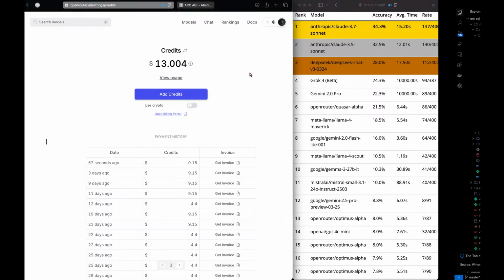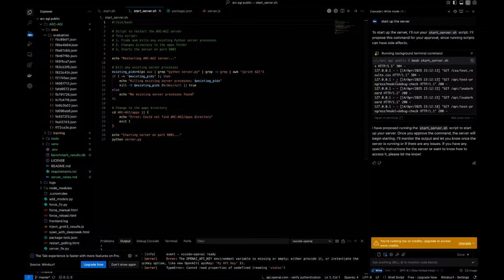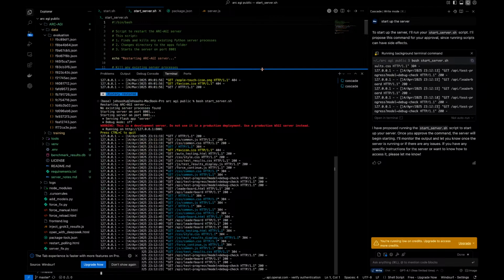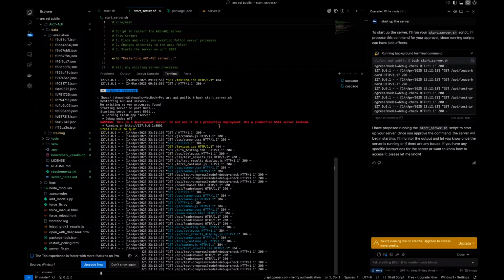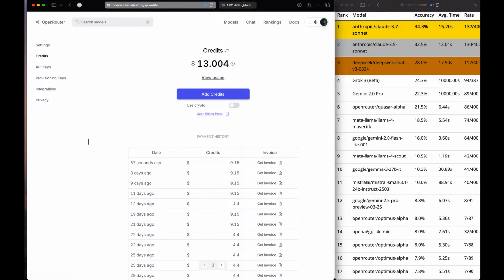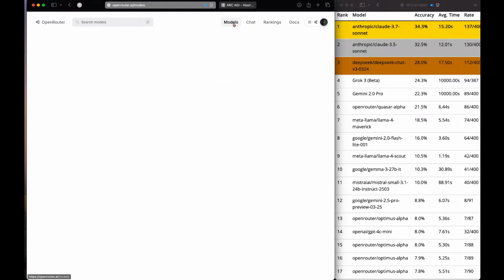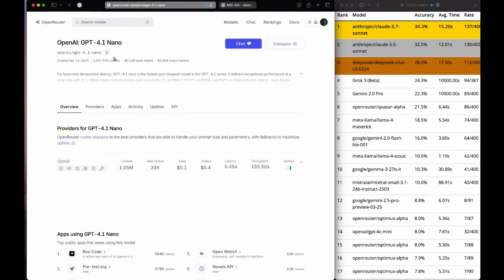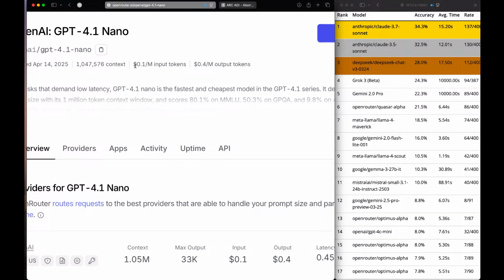Okay, the process is running. Let's open it up in terminal, and as you can see, it's running. Let's start with GPT 4.1 Nano, the smallest one. If you look at the API pricing, it is $0.1 per million input tokens and $0.4 per million output tokens.